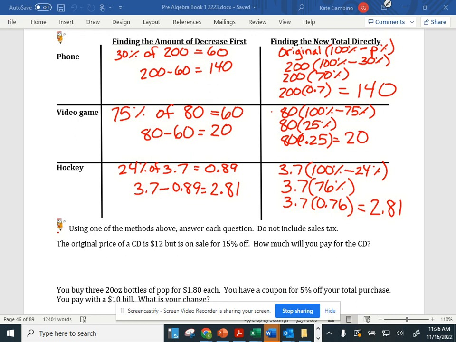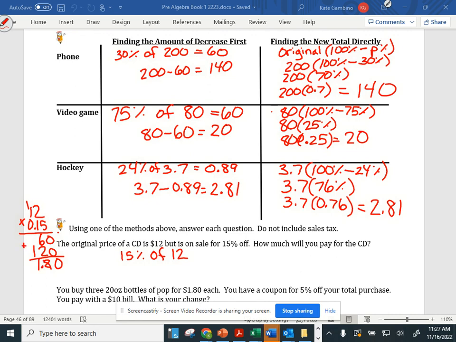Okay? Same kind of math that we did yesterday, except instead of adding, we are subtracting. So if we look down on our word problem, the original price of a CD is $12, but is on sale for 15% off. How much will you pay for the CD? So if we're going to do it with finding the amount of decrease, we want 15% of 12. So that means we have 12 times 0.15, oops, adding.